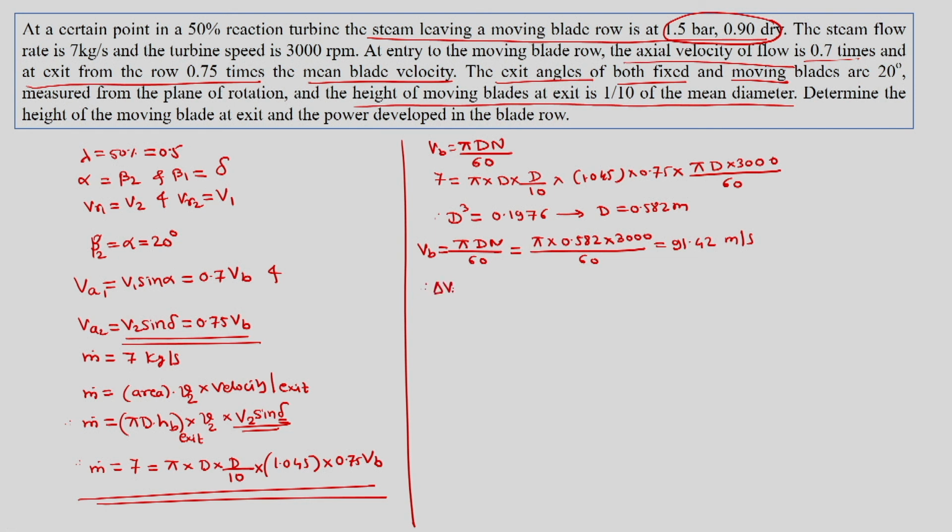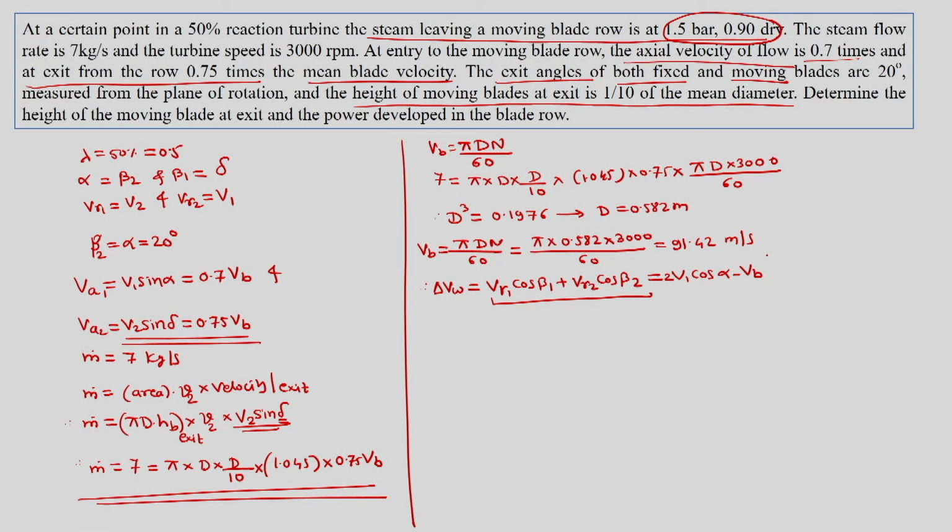So we have delta VW is equal to V1 cos beta 1 plus VR2 cos beta 2. But in general we can write this expression. However, in case of 50% reaction, the same expression can be written as twice (V1 cos alpha minus VB).